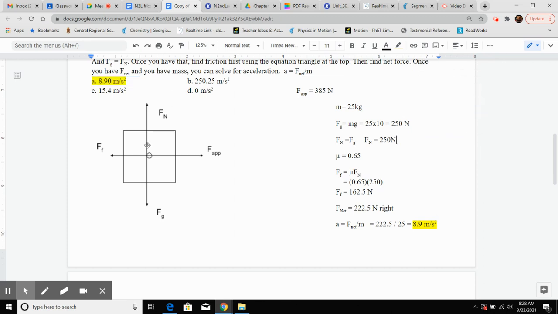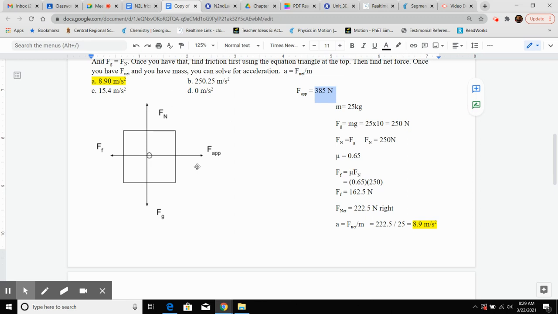So the reason why in these problems I say draw out the free body diagram is because I think it visually just helps you see it, which then makes finding net force easier. If you know that weight down and normal force up are going to be equal, that's perfect. They don't contribute to us finding our net force value. They told us that we had an applied force of this 385.